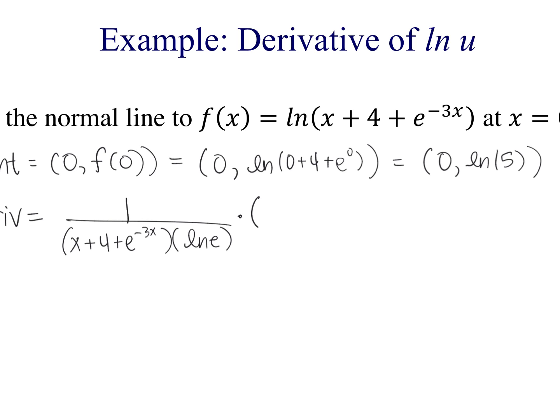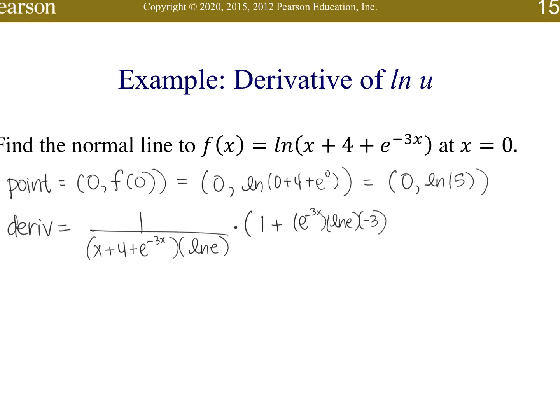So term by term, what's the first part of the derivative? Derivative of x is 1 plus the derivative of 4 is 0. The derivative of e to the negative 3x is 3 more parts, right? So e to the negative 3x times linear times what? Negative 3.